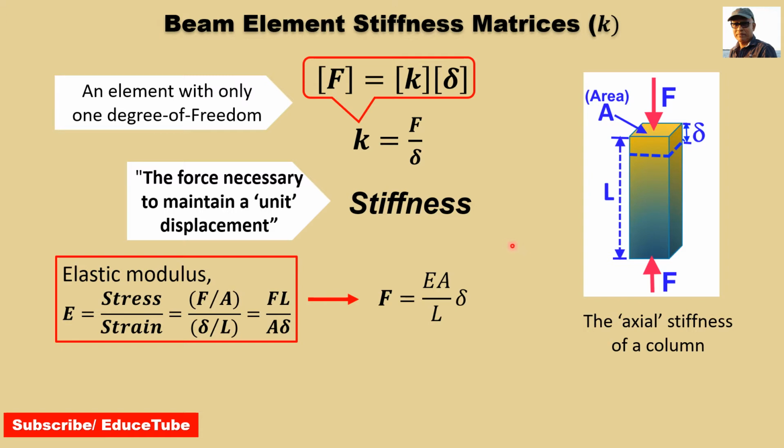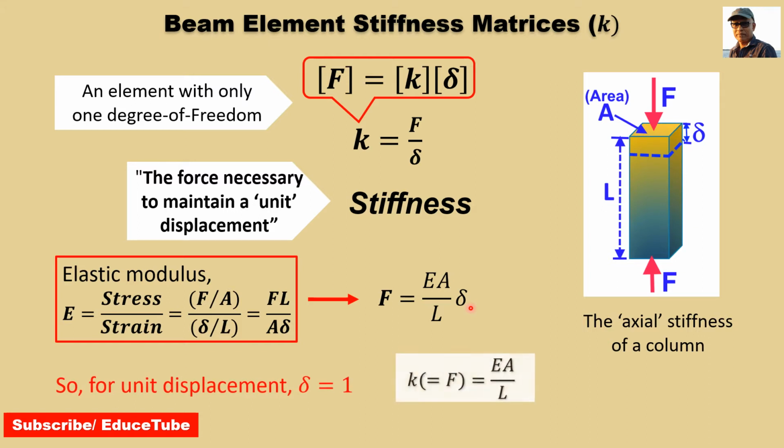Now this equation, F equal to EA over L multiplied by delta, how will we understand it if we apply unit displacement? Say unit displacement, when we put delta equal to 1, our equation appears as this.